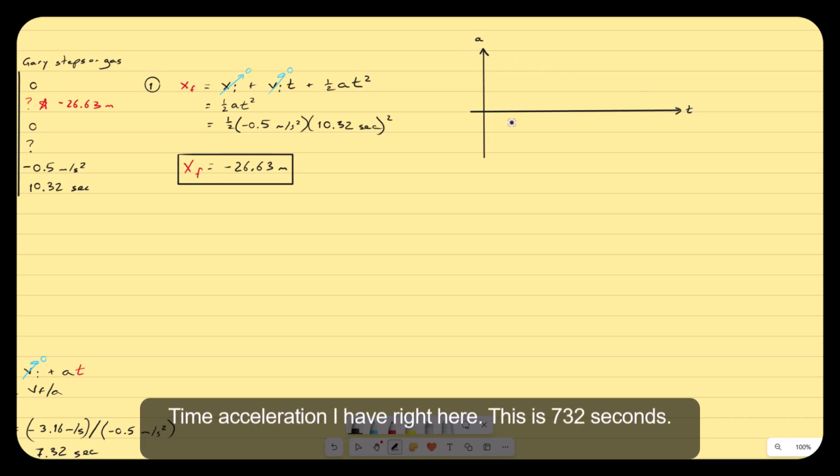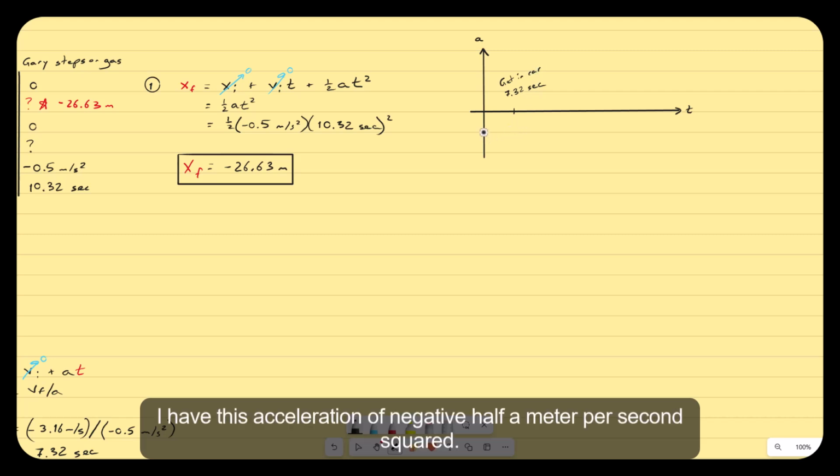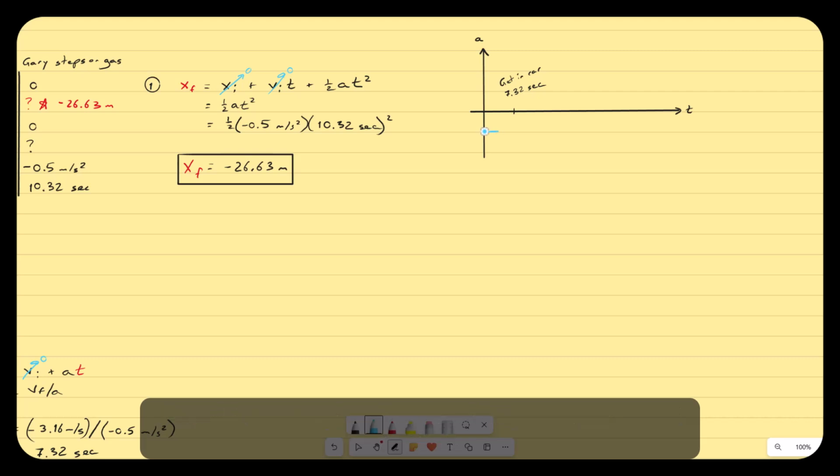Time and acceleration I have right here. This is 7.32 seconds. So this is Gary getting into the car. I have this acceleration of negative half a meter per second squared. Here at 10.32 seconds, this is step on gas.